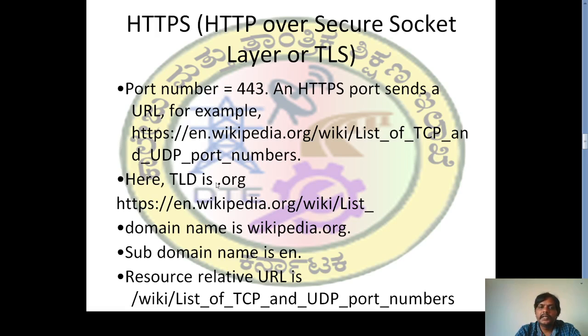Here the TLD is .org and the domain name is wikipedia.org, the subdomain name is TL. The resource relative URL is wiki/list of TCP and UDP port numbers.